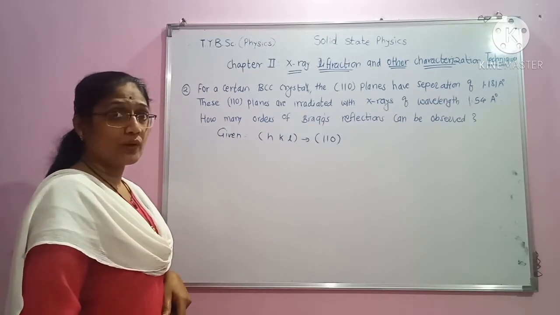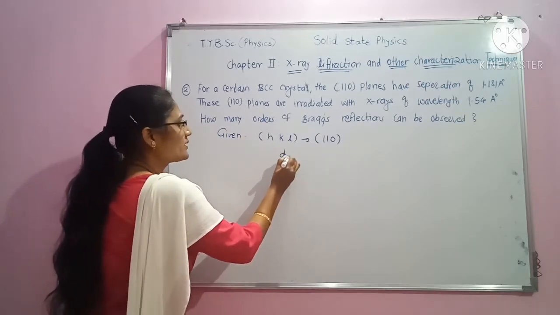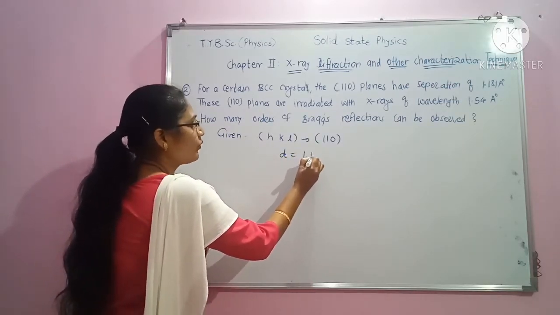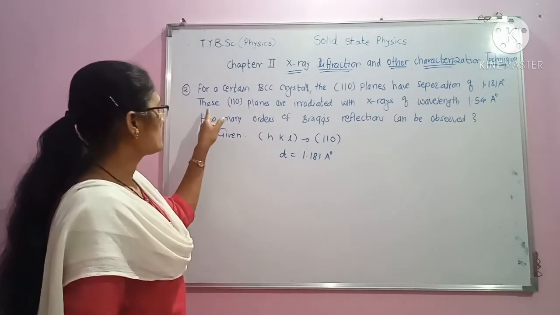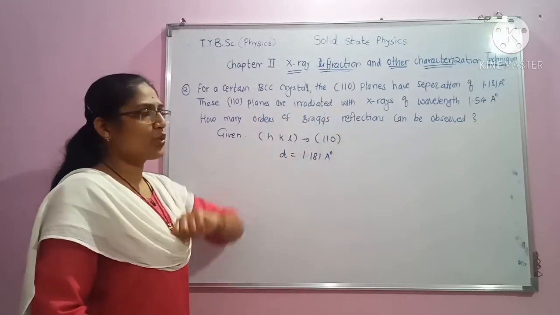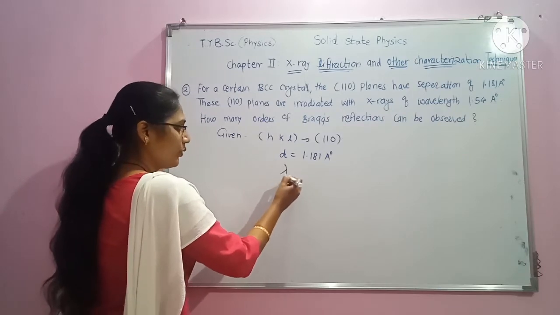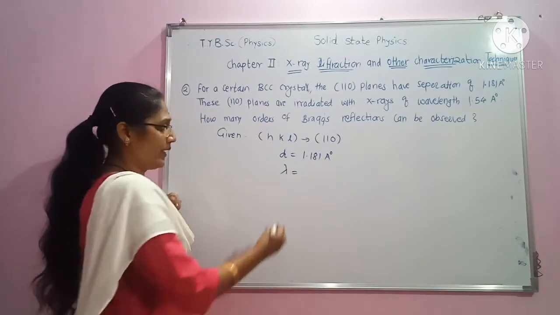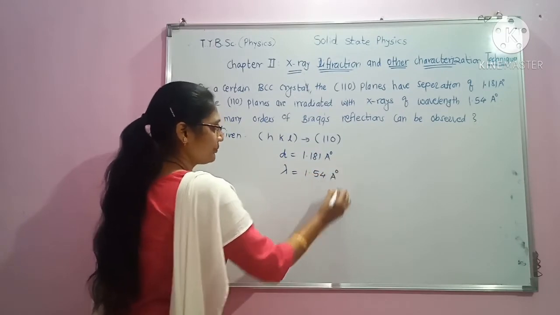Separation means the interplanar distance D. So D is given as 1.181 angstrom. Then, these planes are irradiated with X-rays of wavelength, which we denote with lambda. Lambda is equal to 1.54 angstrom.